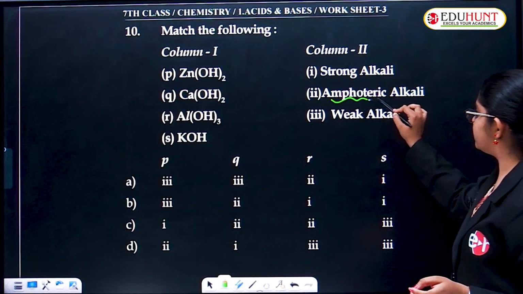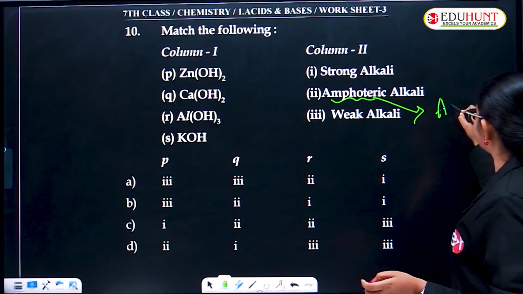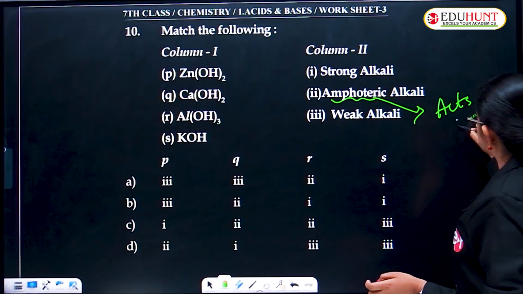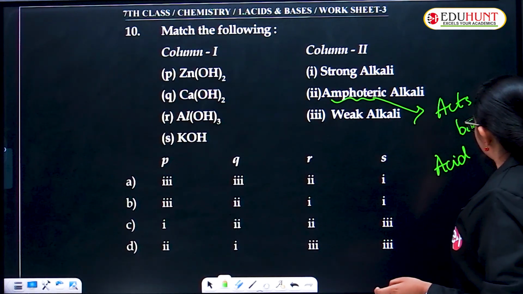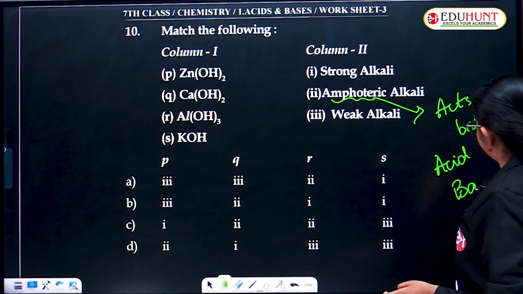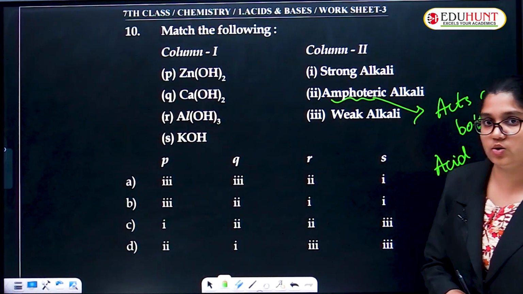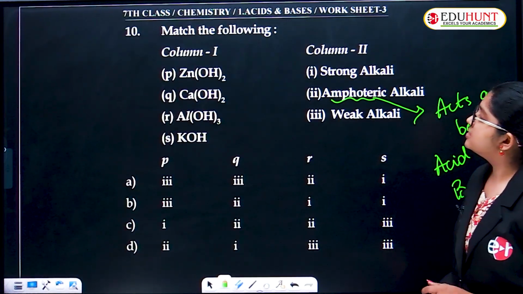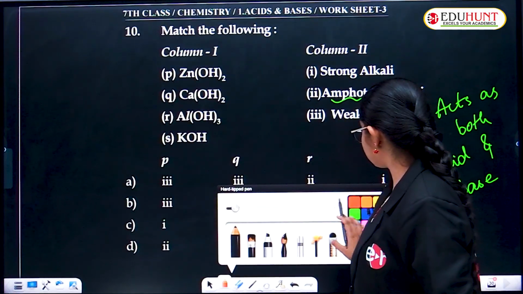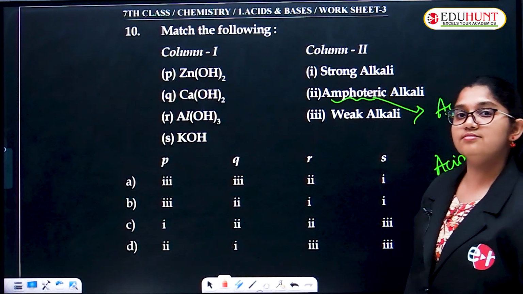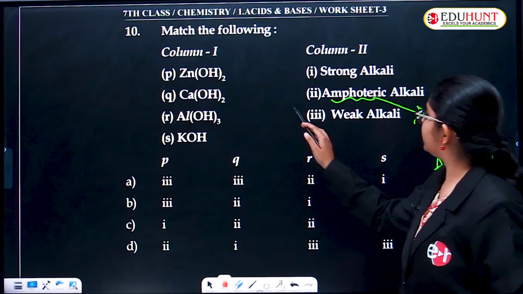Amphoteric means it acts as both acid as well as base. That is amphoteric. Okay. Now Zn(OH)2, we know it is a weak alkali. Yes, weak alkali.